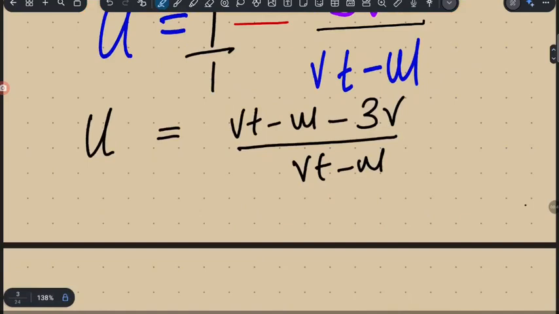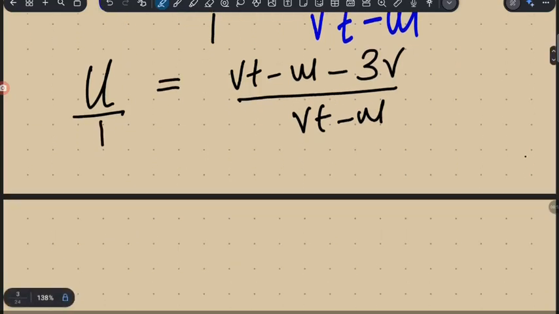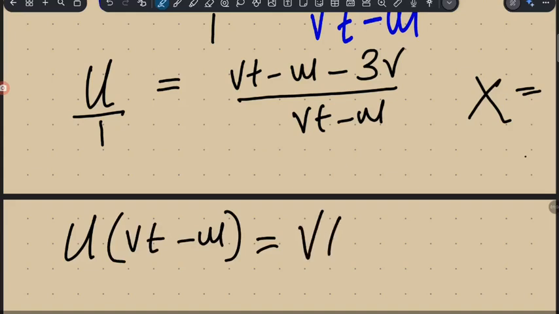Now we still have to do another meaningful thing, like u, it is to divide by 1 also. So to give us opportunity to cross multiply, when we have an equation we can cross multiply. So we have u onto vt minus w is equal to vt minus w minus 3v.